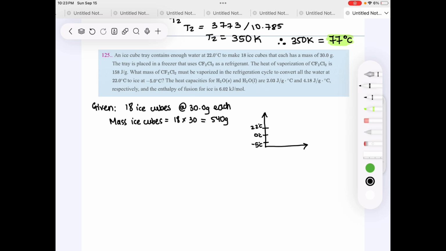We are converting all the water from 22 degrees Celsius to ice.